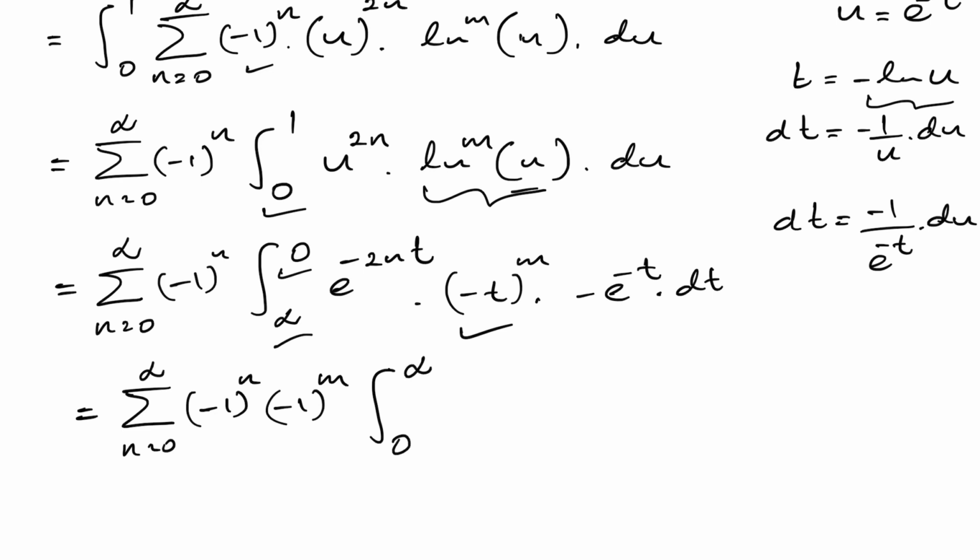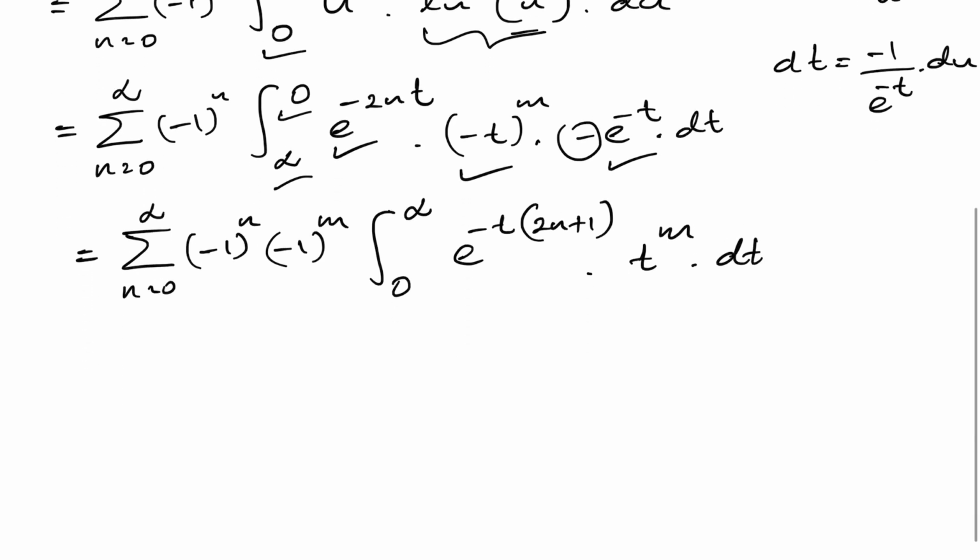When we change the boundaries, this minus sign gets cancelled. So we have e to the minus 2nt, and e to the minus t, so we can take minus t as a common factor. So we have e to the minus (2n plus 1) times t, to the m, dt.